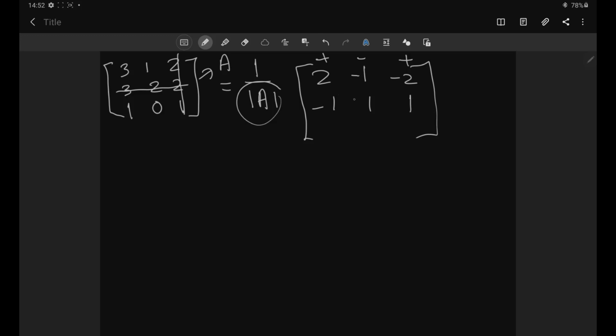But here the signs are negative, plus, negative, so negative. 3 times 0, 0. Minus minus is positive. So here will be positive. Okay.